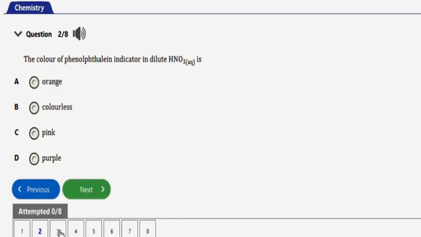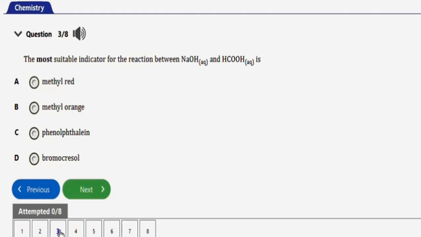Next question will be this one. It says the most suitable indicator for the reaction between sodium hydroxide and methanoic acid is. So in this situation, the right option to this question will be option C, which is phenolphthalein.